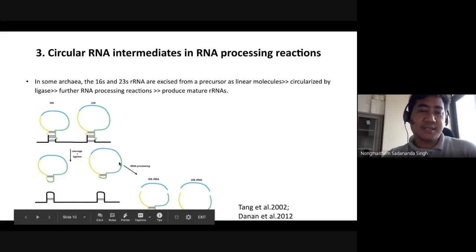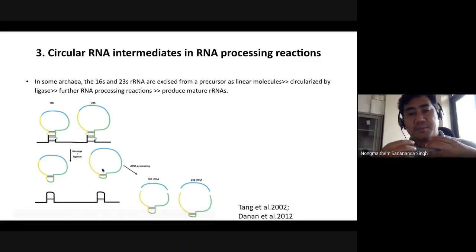So basically, these circular RNAs are recognized by the processing enzymes. Most of these are endonucleases, so they can process and mature the 16S rRNA or 23S rRNA in the case of some of the archaea.